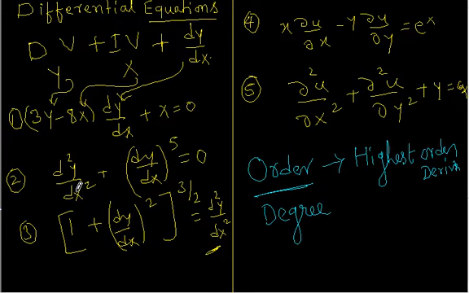In the second equation, the order is 2. I will write here order is 2. Here order is 1. Let us consider this third example. Here the order is 2. In the fourth equation, the order is 1. And in the fifth, the order is 2.